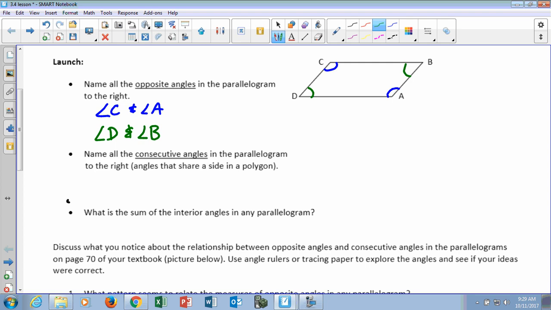Okay. Now, let me erase this. So, what are all the consecutive angles in the parallelogram to the right? In terms of, again, the consecutive angles, they share that side. Martina, give me one.